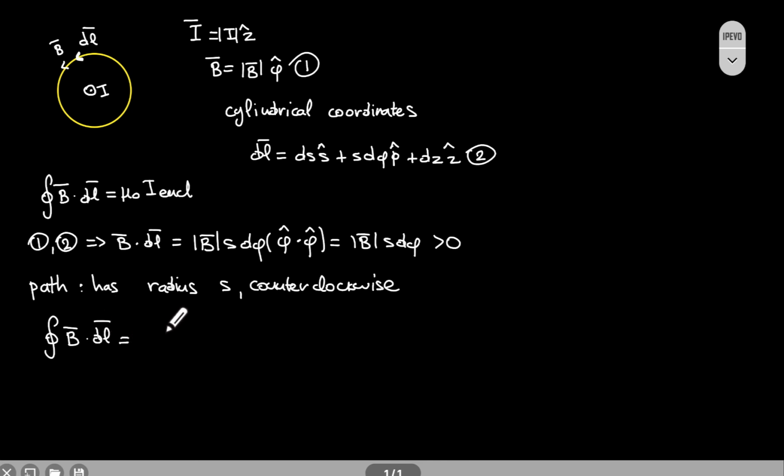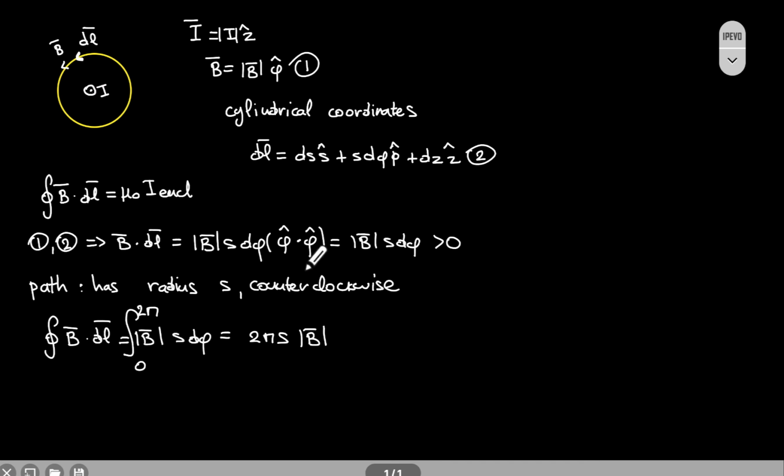So I am using the result of the integral of the dot product, and I'm integrating from 0 to 2 pi, and this will give me 2 pi s times the magnitude of B. Now this is the left side of Ampere's law.